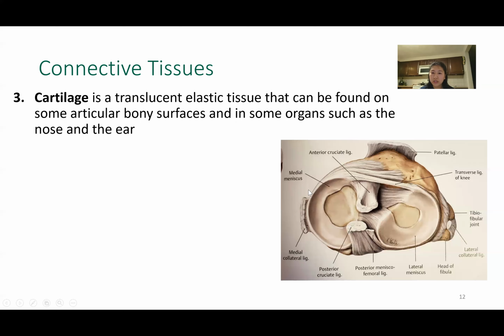The cartilage, this half moon-shaped tissue, is called the meniscus. The plural is menisci. The menisci in your knee are made up of cartilage. It is a type of connective tissue.